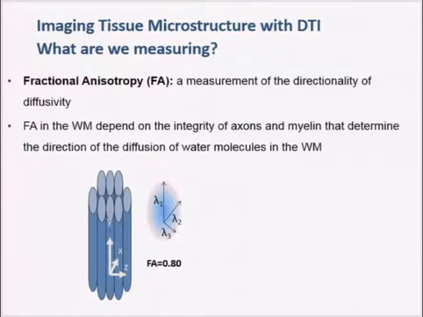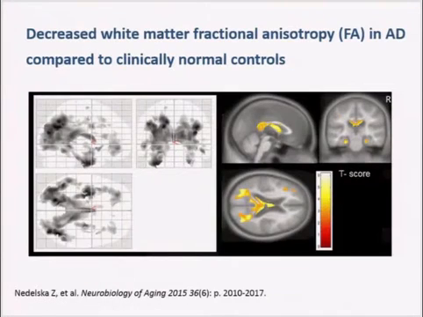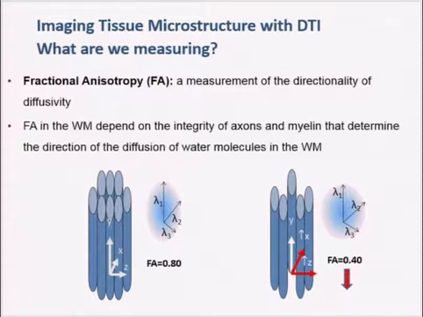Now, in an intact white matter where the axons and myelin are healthy, this diffusion occurs across and it resembles more like an ellipsoid having one dominant direction.